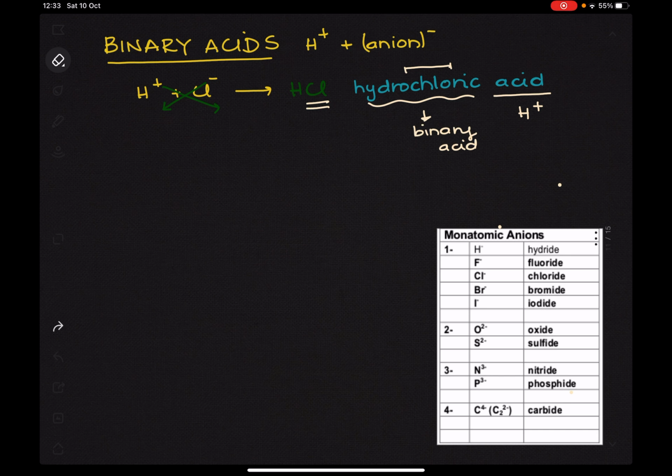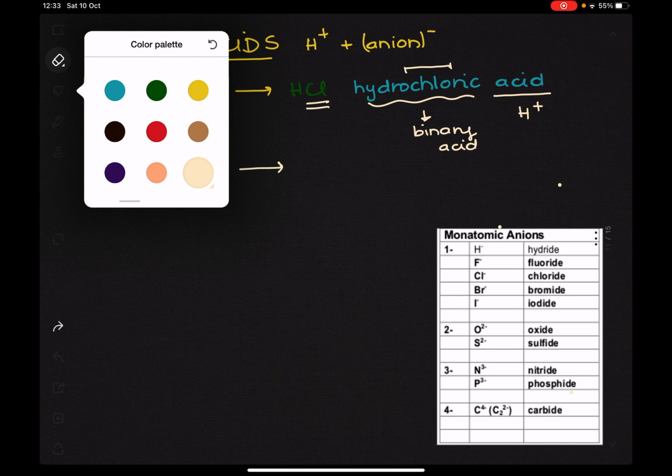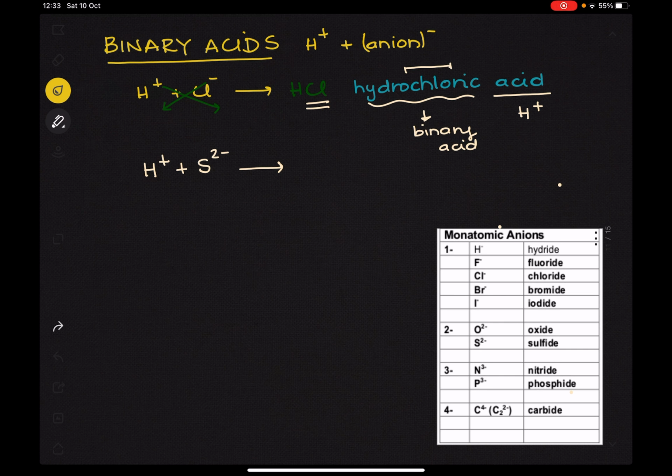So let's do another one. We use hydrogen, of course, because we have acids, and we have S2 minus. So what acid will I have? Remember to cross the charges. So I have H2S.